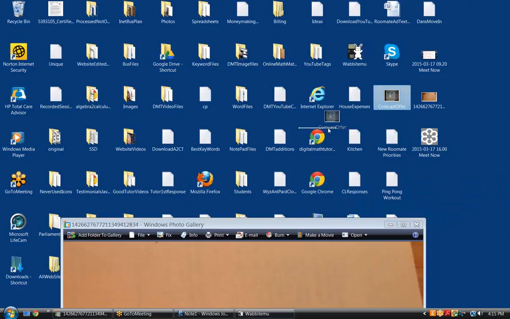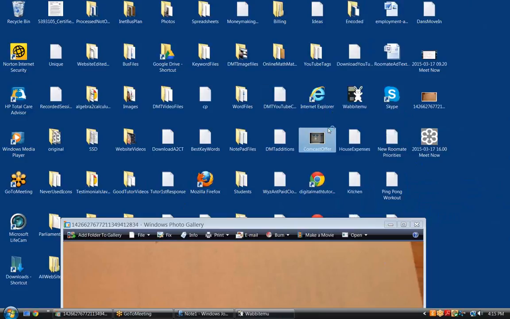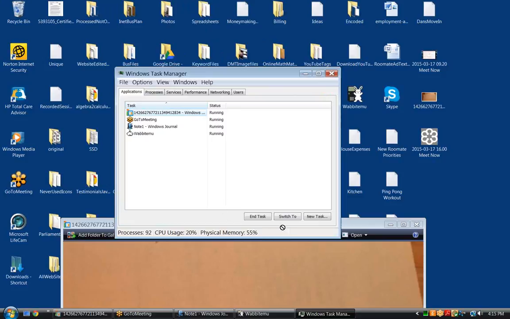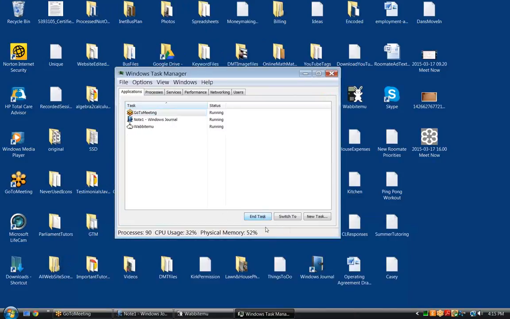Let me see if I can figure out a way to fix this without rebooting. If you wouldn't mind. It's hard. I can't even click on Task Manager here. Okay. Well, at least now I can end that task. That might have solved it.